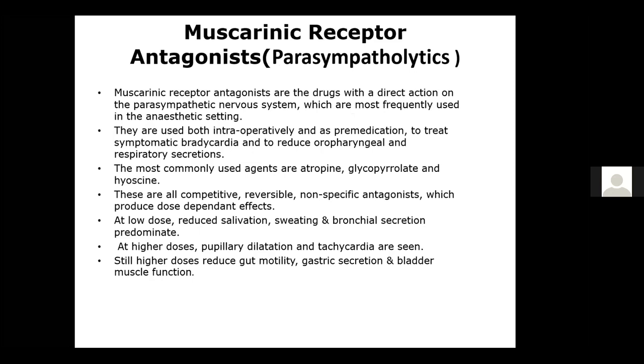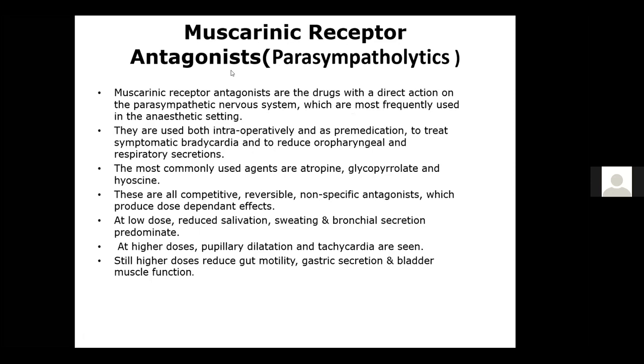Okay, then lastly, I think the lecture has gone long enough. We're almost 1 hour. So in the next 2 minutes, I want to talk about muscarinic antagonists. Muscarinic antagonists are very important, okay?